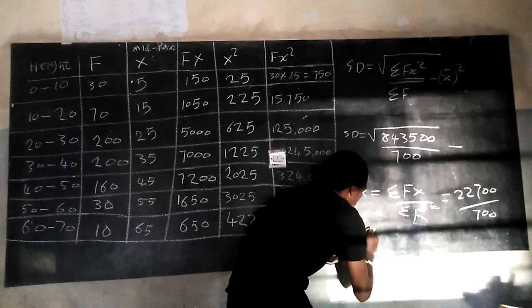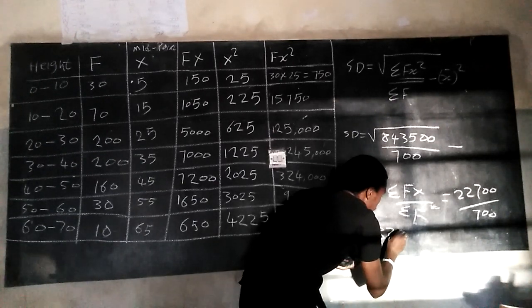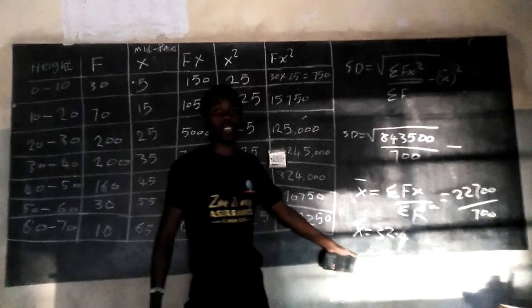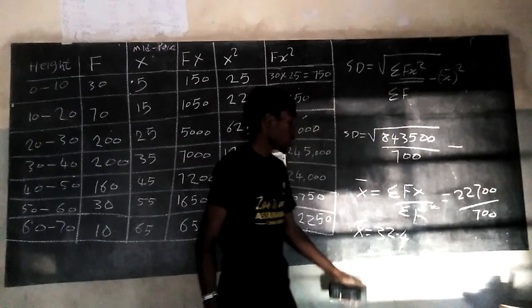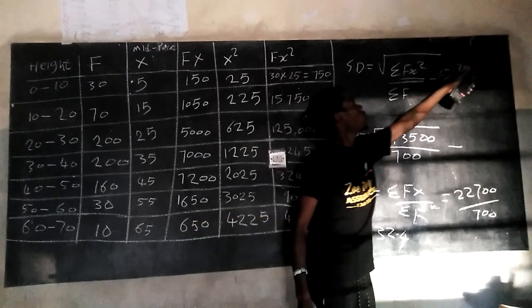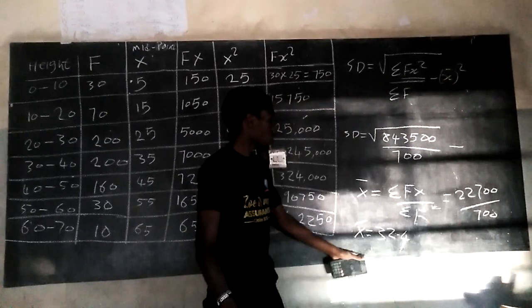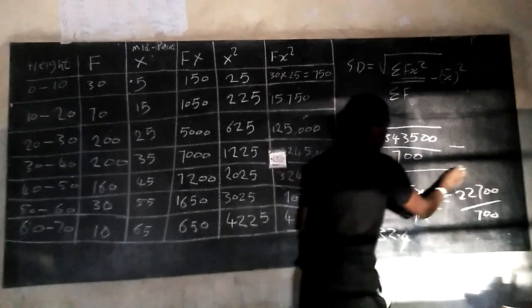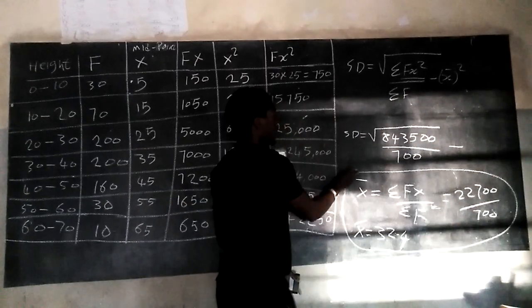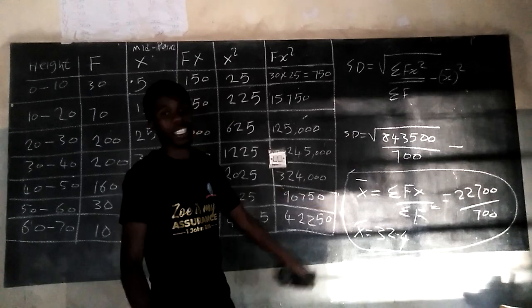So our mean is 32.4. This is our mean now. This is the formula for mean. This is how we come up with the mean. As simple as that.